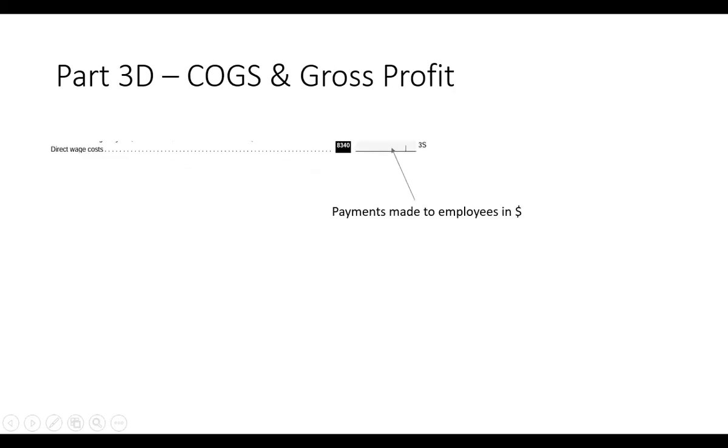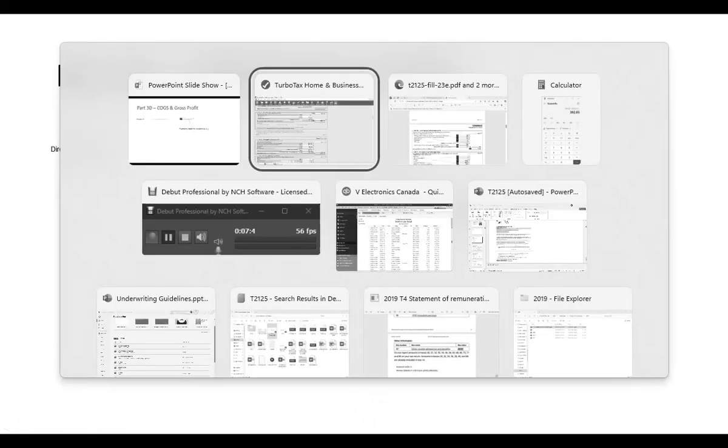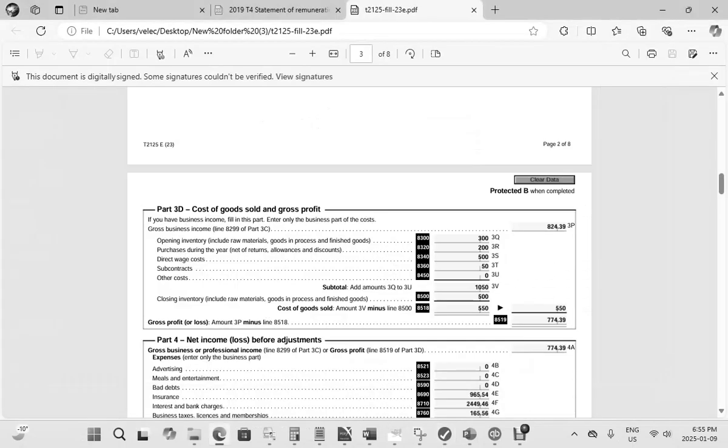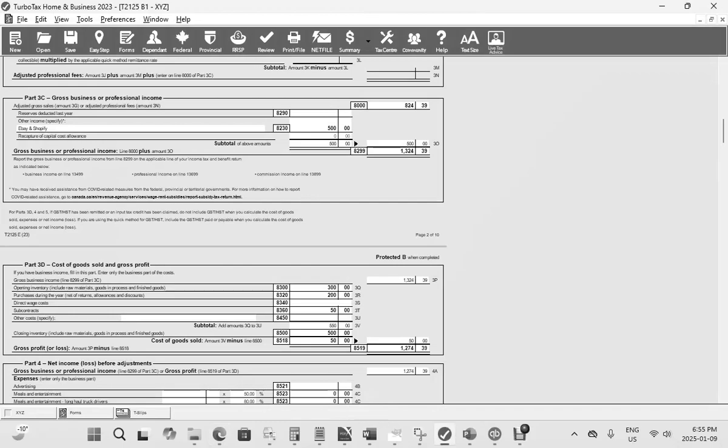Notice line 8340, payment made to employees, was $500, as a result of which your tax refund was $6,620.31. So let's change it to $1,000.